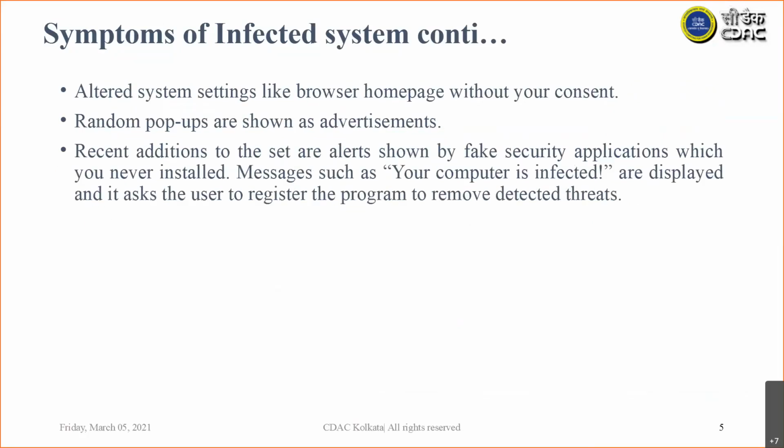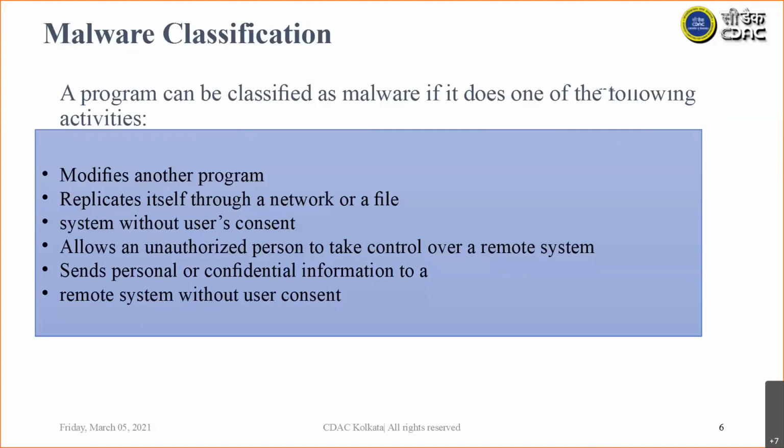Also, altered system settings like browser homepage without your consent. Random pop-ups may be shown as advertisements. Recent additions to the set are alerts shown by fake security applications which you never installed. Messages such as your computer is infected are displayed, and it asks the user to register the program to remove detected threats.